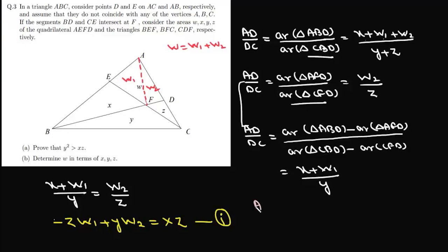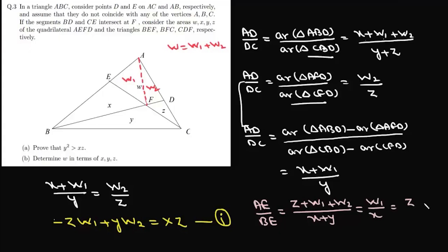So we can write AE upon BE, and that is equal to the area of this triangle AEC, and this AEC will be Z plus W1 plus W2, upon this area, which is X plus Y, and it is also equal to the ratio of this area AFE and BFE, which is W1 by X. And again, using properties of ratio, we can subtract these two.